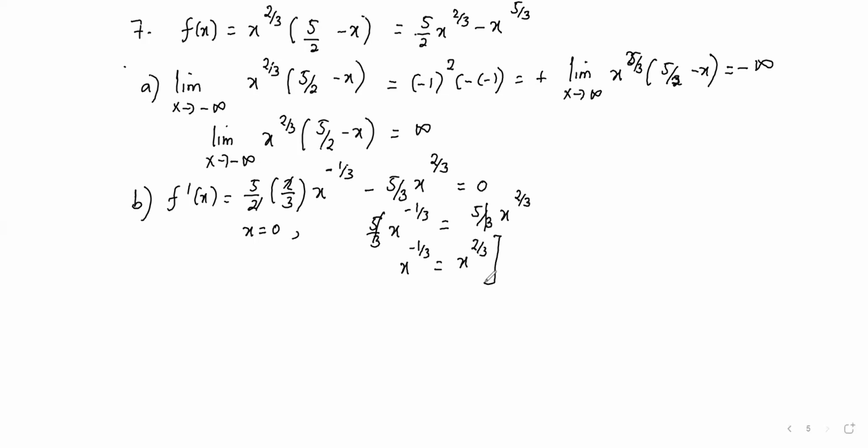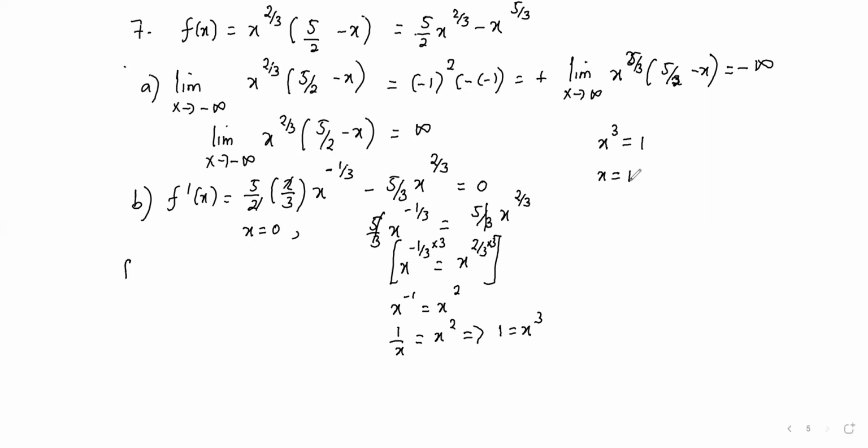If we do power 3 on both sides, we're going to have x to the power minus 1 equal to x squared, which is 1 over x equal to x squared, taking us to 1 equal to x to the power 3. So x cubed equals 1, the cube root, x is equal to 1. So we have two critical values, x equal to 0 and x equal to 1.